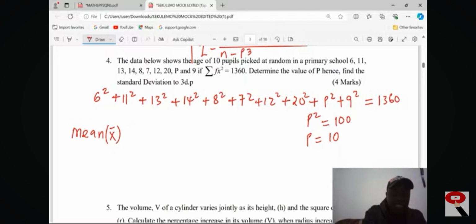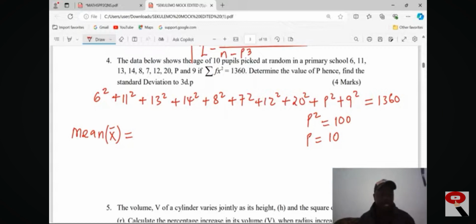For us to get the mean, we should add all the values now, starting with the 10 itself, the value that we have just calculated now, then 6, then 11, then 13, plus 14, plus 8, plus 7, then plus 12. After 12, we add 20. After 20, we add 9. We have already added P.